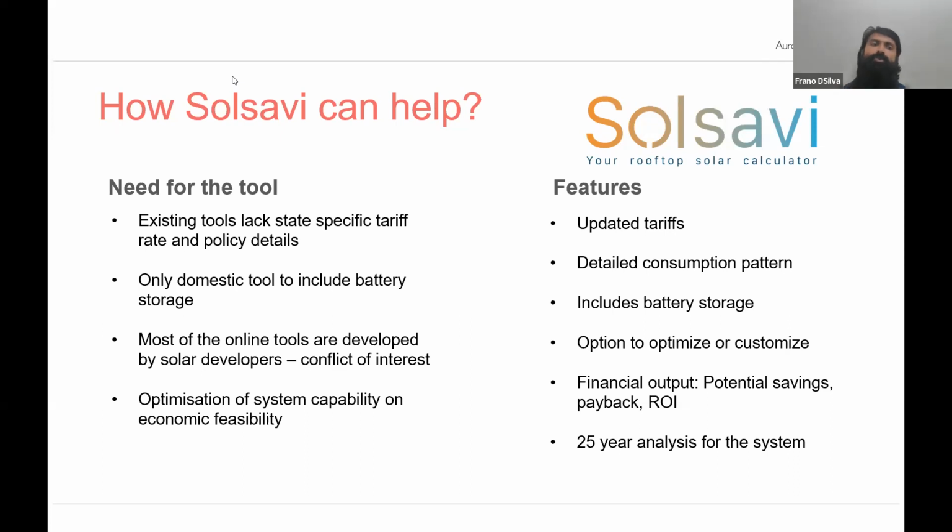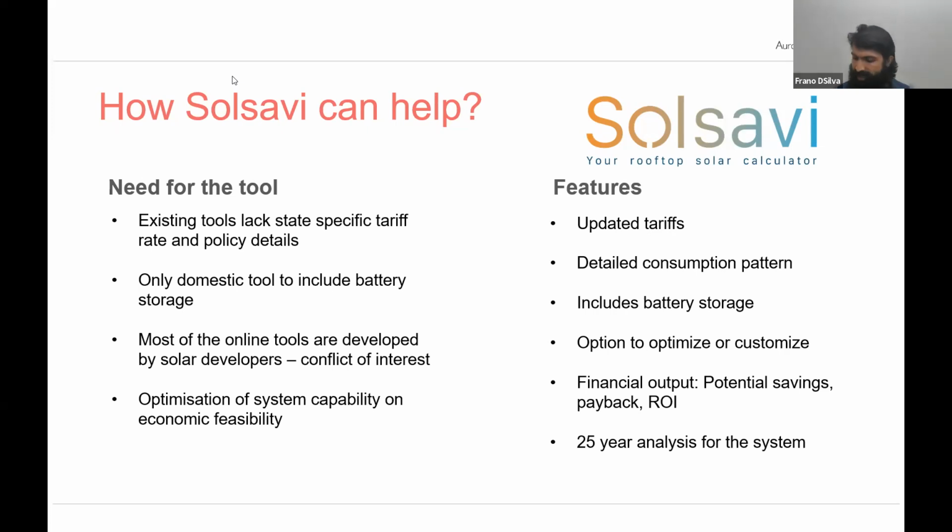Further, the application gives us an opportunity to include battery storage in our simulation using an internal optimizer to give us an optimum solar capacity and battery capacity, or we use the customized option where we could use our desired battery capacity in the simulation.